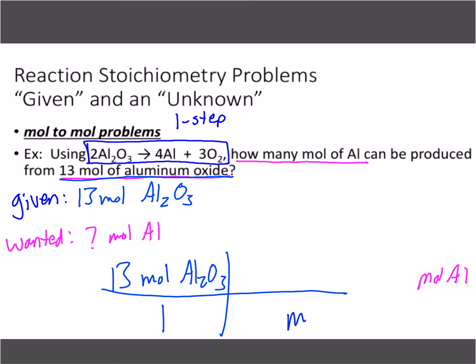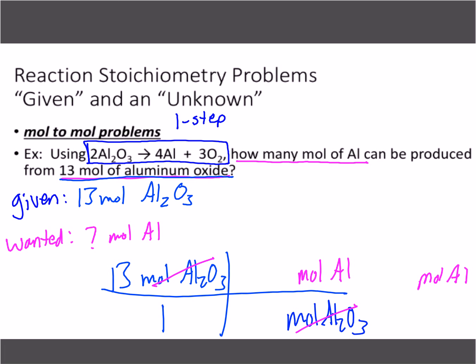On the bottom. And then what's my unit going to be on top? Moles of aluminum. Again, have we done anything really groundbreaking or brand new? No, guys, we've done this process time and time again. All we're doing is canceling out our first unit and getting to our new one.